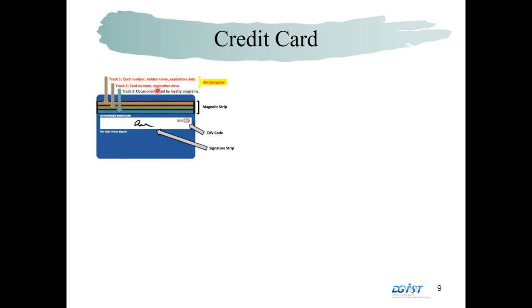And other information is stored in many places. But nowadays, every credit card has some kind of RF chip, so the usage of the magnetic strip is not that important, but still we are using it.